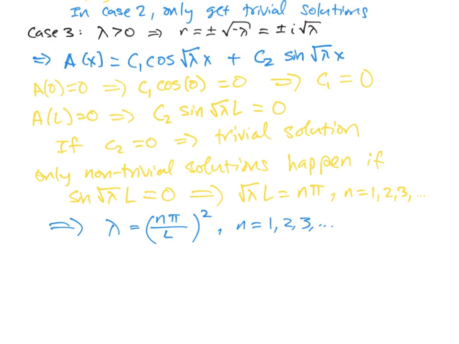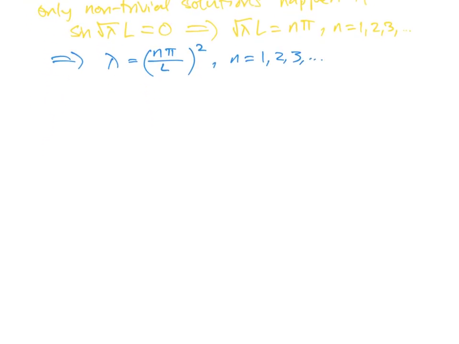So these values of lambda are really special for the heat equation that we are trying to solve, because they're the numbers that are going to help us find non-trivial solutions. And so these lambda are called the eigenvalues for the problem.